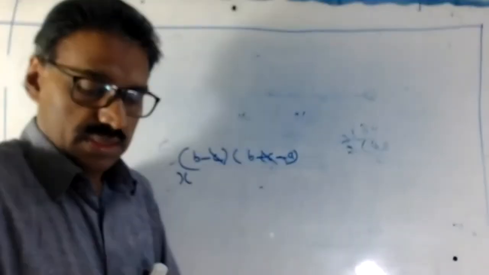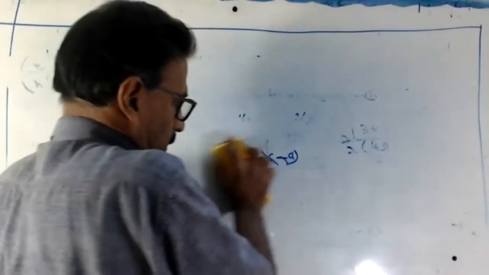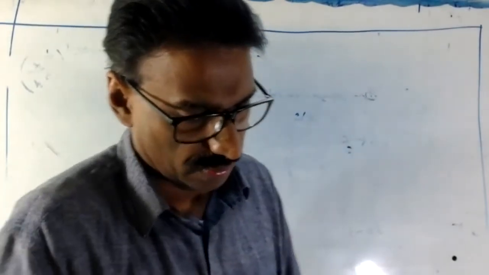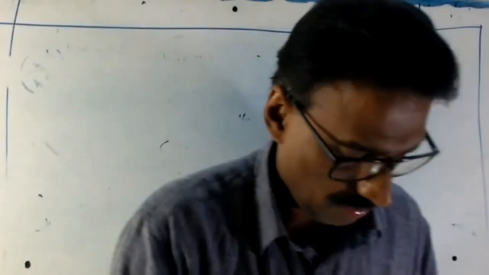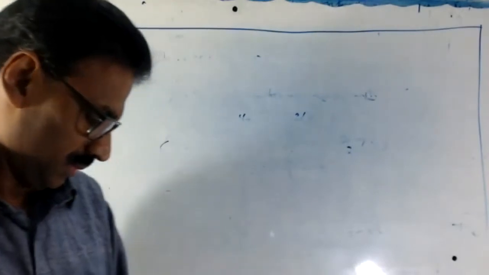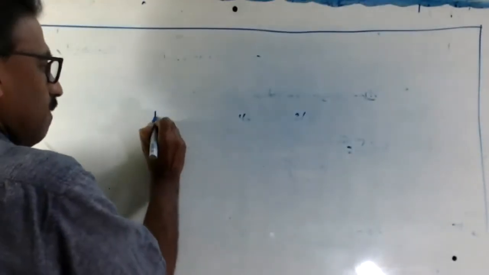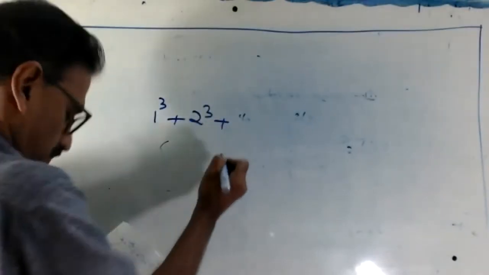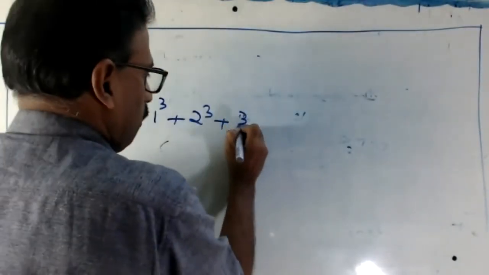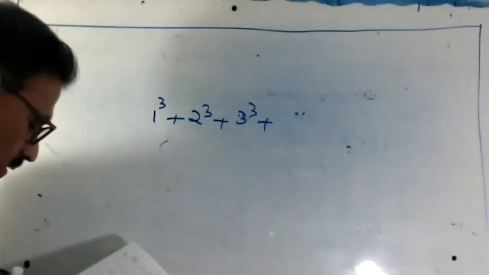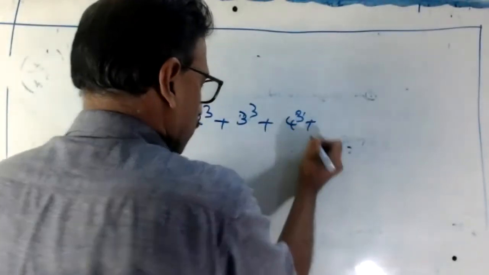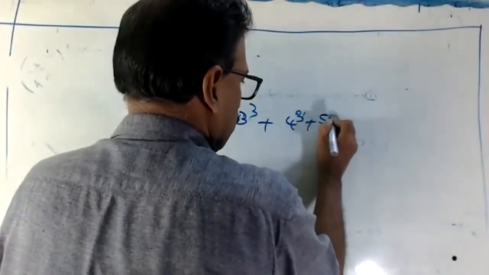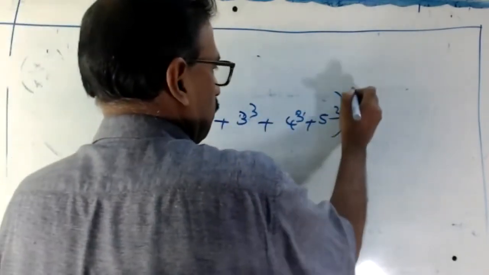Okay, so next question. 1 cube plus 2 cube plus 3 cube plus 4 cube plus 5 cube, whole raised to 1 by 2.